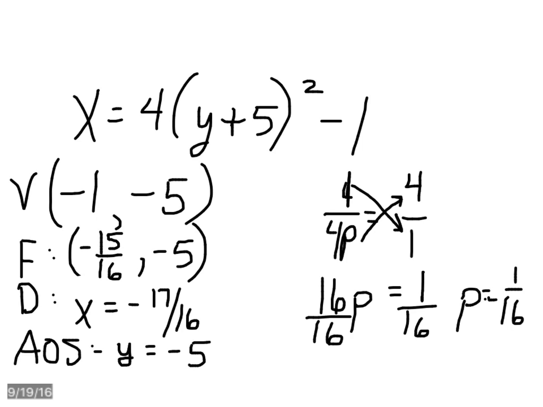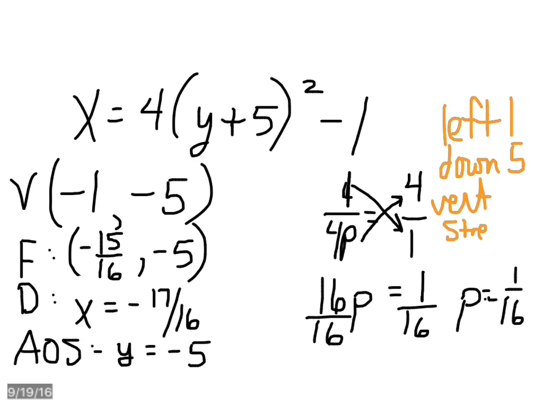How do you graph negative 1, negative 5? You went left 1, down 5. And then what is my transformation for the other one? Vertical. Why is this a stretch? Right. By how much? Good.